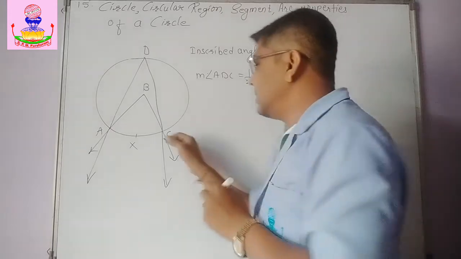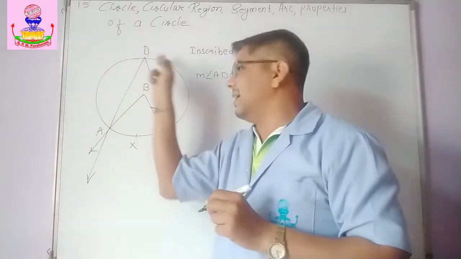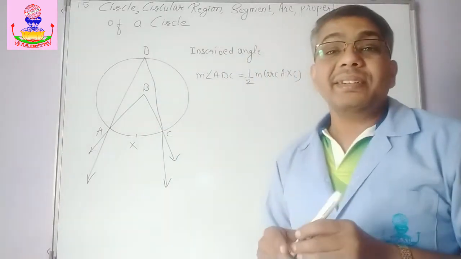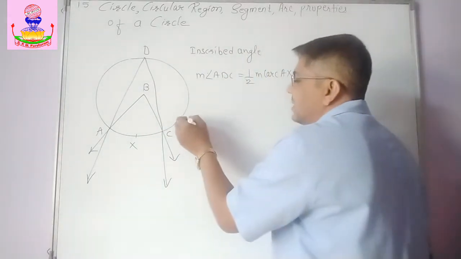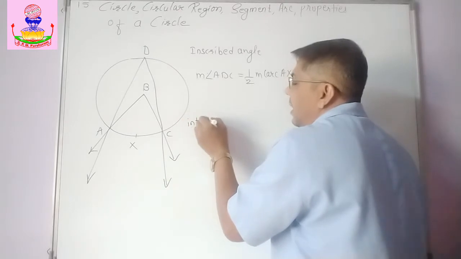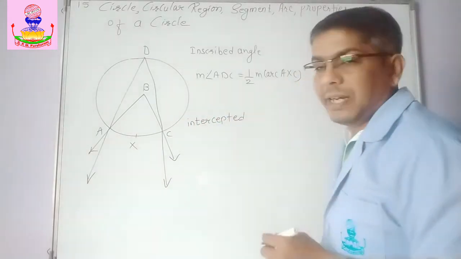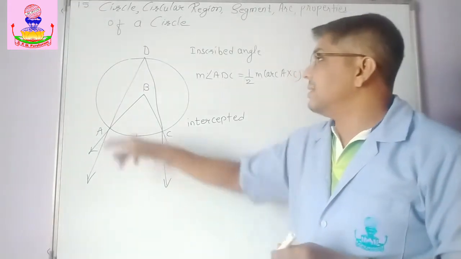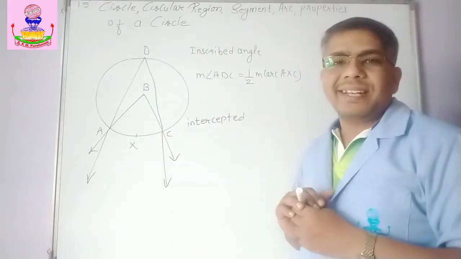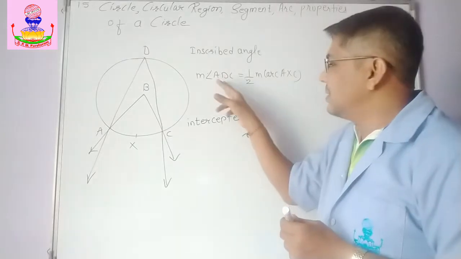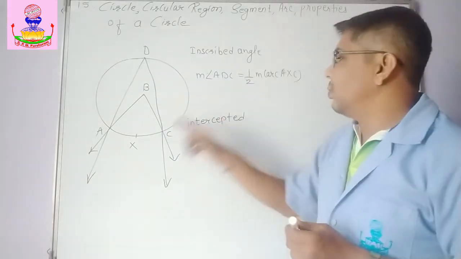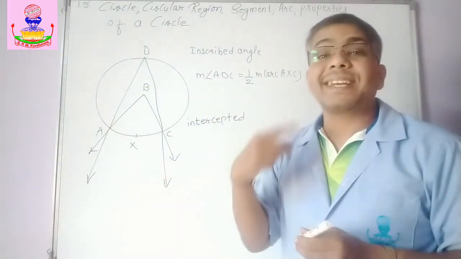AXC. Now again, this is the intercepted arc for angle ADC. Intercepted arc, the spelling is INTERCEPTED. So arc AXC is intercepted by angle ADC. So the measure of angle ADC is equal to half of the measure of arc AXC.